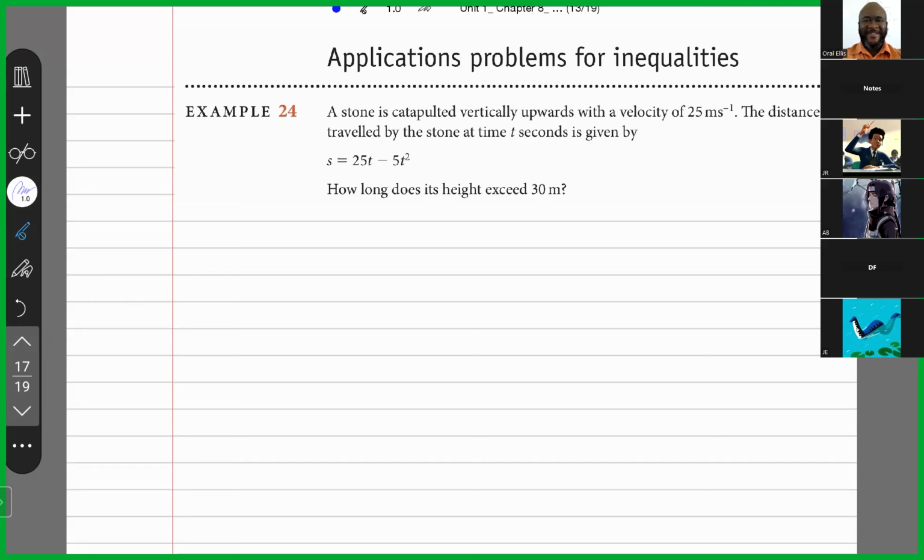Since the stone is catapulted vertically upwards, the height essentially is the distance. So what the question is asking us is, for how long is the height, which is 25t minus 5t squared, greater than, not greater than or equal to, since it says exceed, so it's greater than 30 meters.